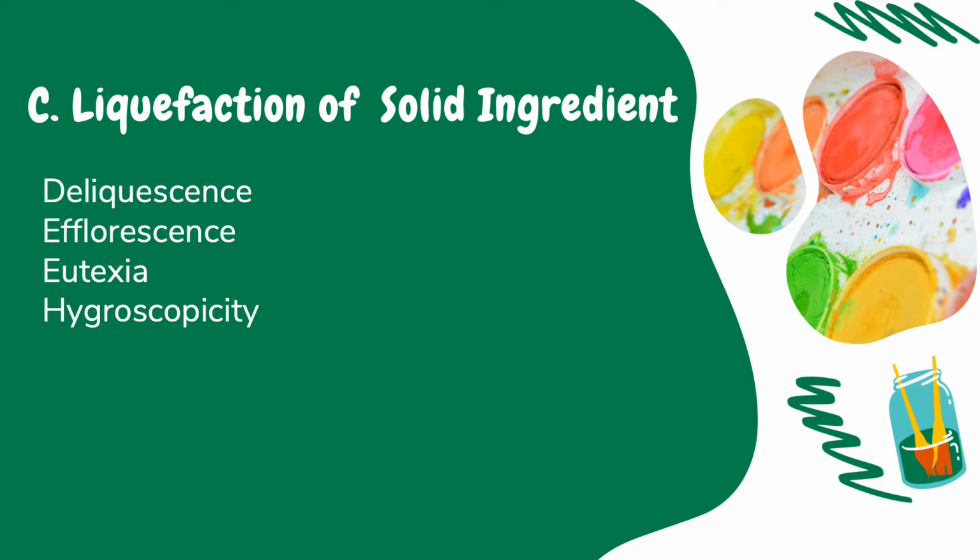Also substitute these chemicals that are prone to liquefaction with anhydrous forms. We can also add adsorbent to drugs that contain components susceptible to liquefaction. We can also place our product in a low humidity environment and separate and protect potential eutectic mixtures.